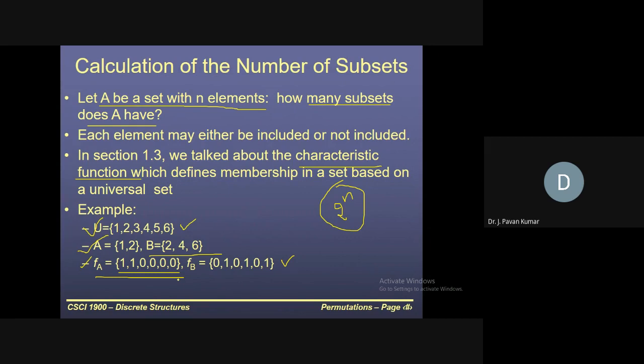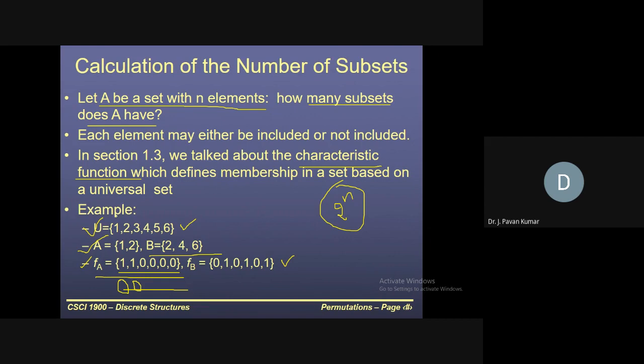For any set, how many entries will be there? 6. What are the possibilities for the first entry? 2 possibilities. For the second entry, how many possibilities? 2. So if you consider 6 digits, how many possibilities will we have? 2 power 6.